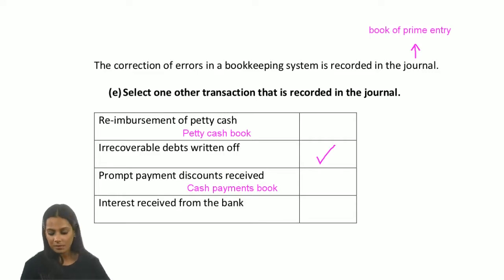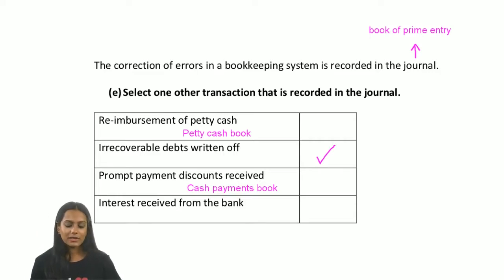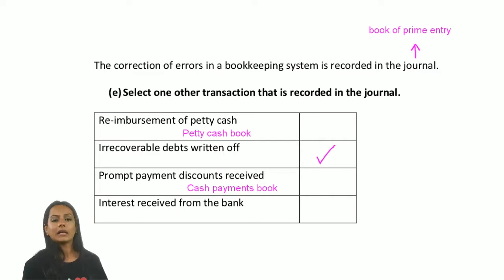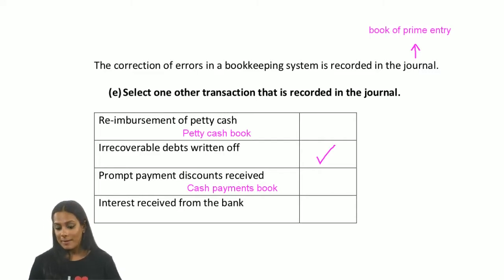And finally, we've got interest received from the bank. If you receive interest from the bank, this is going to be money coming into the bank account, and therefore this is going to be analysed in the cash receipts book.